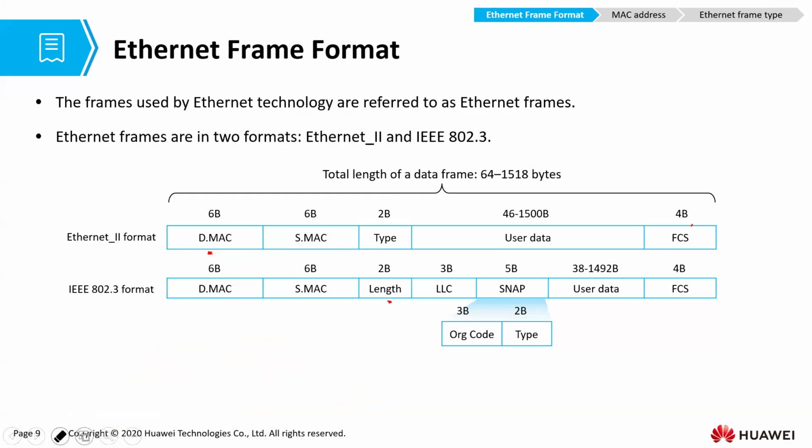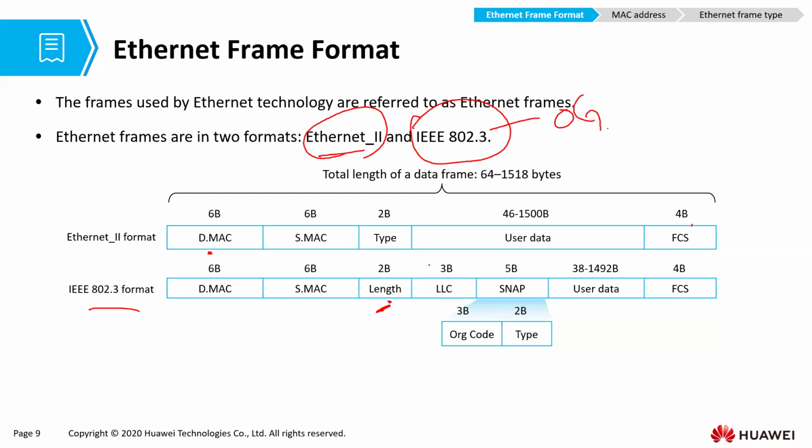The difference between Ethernet 2 and IEEE 802.3 is that this one is the original standard of the Ethernet frame, where soon after the source MAC address, you have the length of the Ethernet frame specified.